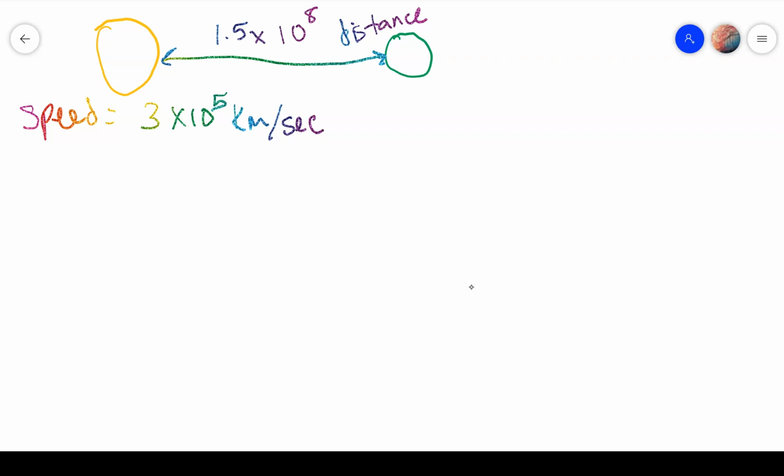And we want to know how much time it's going to take if we're going at this speed to travel this distance. So we are going to do time equals distance divided by speed.